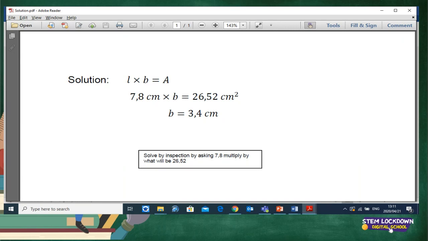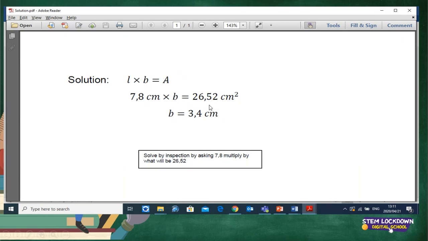So to know whether the answer is correct or not, you can check. You can go back to the initial equation here and take the answer that you got, which is B. And where there is B, you put 3,4. Where there is L, you put 7,8. Then you multiply the two. 7,8 multiplied by 3,4.